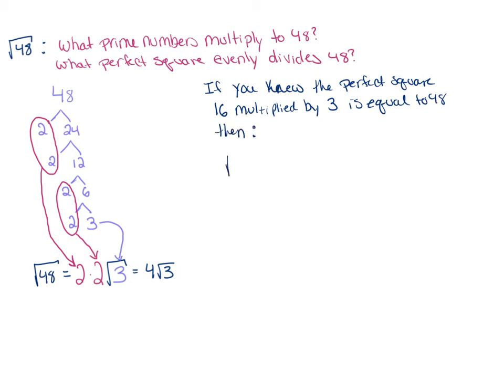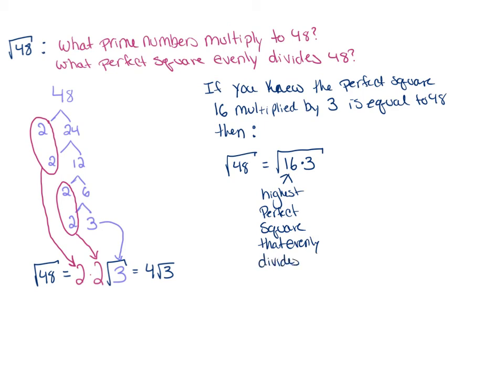If you know that the square root of 48 is equal to the square root of 16 times 3, where 16 is the highest perfect square that evenly divides 48, then we know that the square root of 16 times the square root of 3 is equal to 4 square root 3.